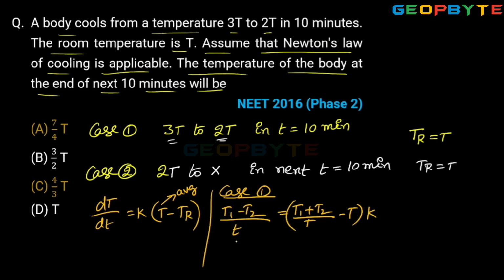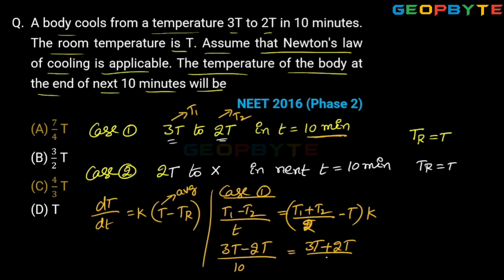Here T1 is 3T and T2 is 2T. So (3T minus 2T) divided by 10 equals k into ((3T plus 2T) by 2 minus T).